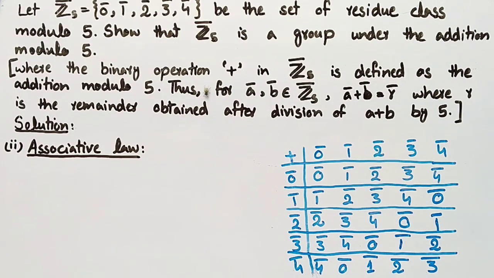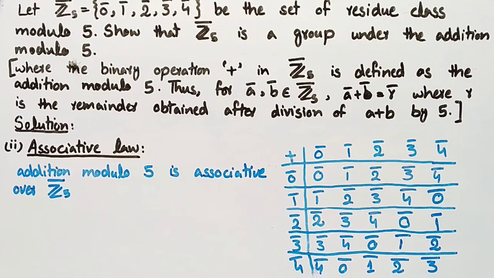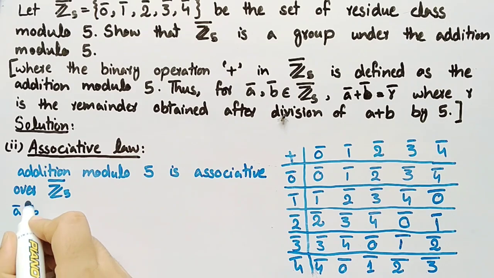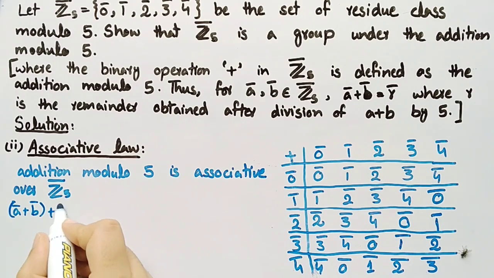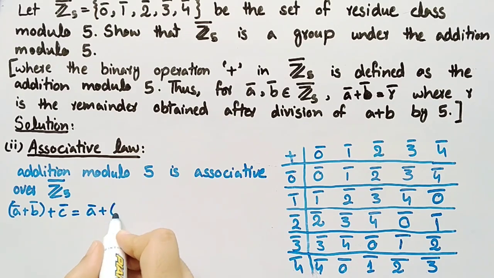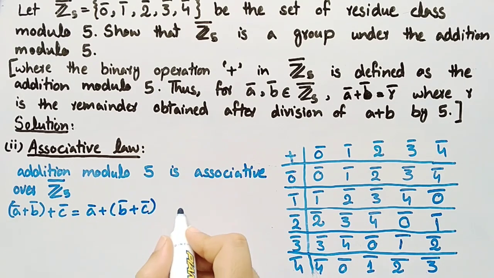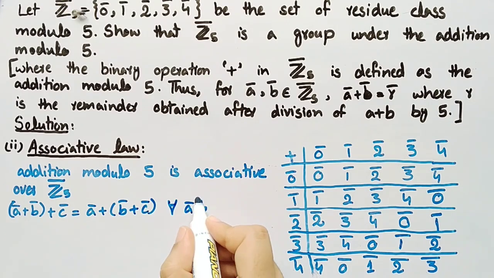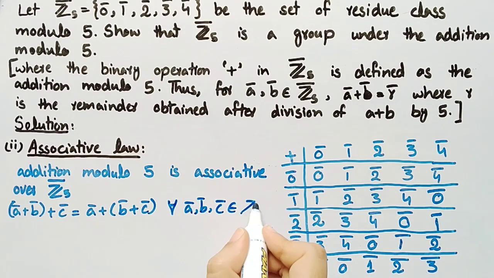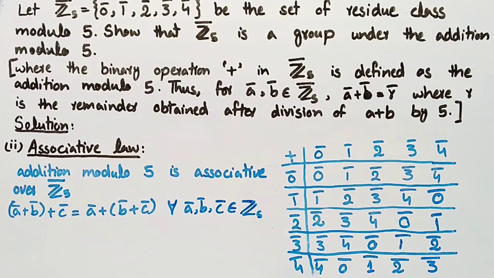Second axiom of group is associative law. Since addition is associative in residue classes modulo, addition modulo 5 is associative over Z5, which means that a plus b plus c is equal to a plus b plus c, with any grouping, for all a, b, c belonging to Z5, which means that associative law is also satisfied.